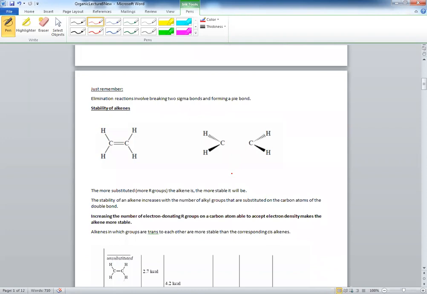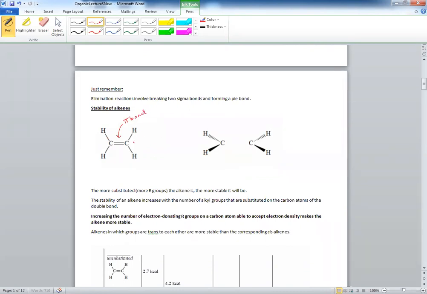While we're here, we would like to quickly discuss what is happening in alkenes. Just remember that the product is an alkene because, again, you have right here a pi bond.